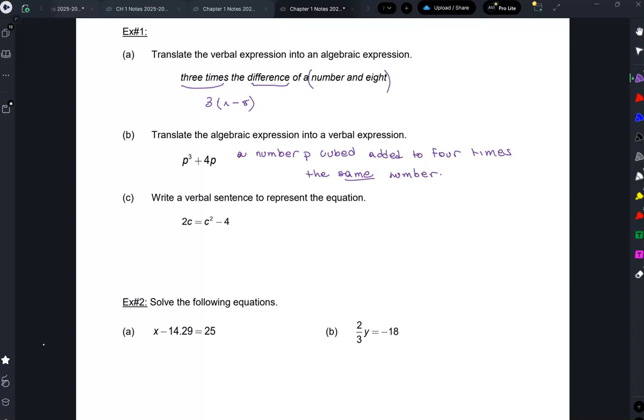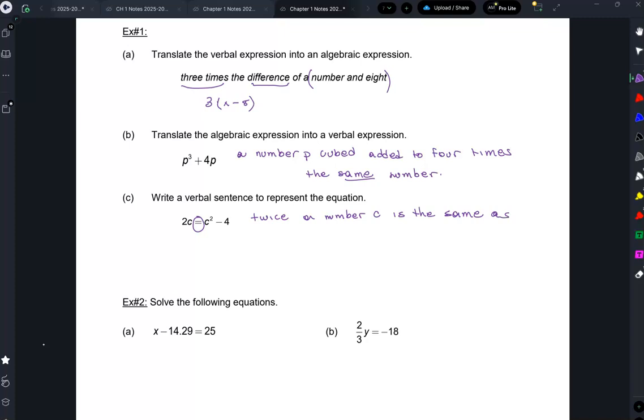So here we have 2c, right? So you can say, for example, twice a number c. And then you have an equal sign. We can say is the same as, okay, so again, it's the same number.